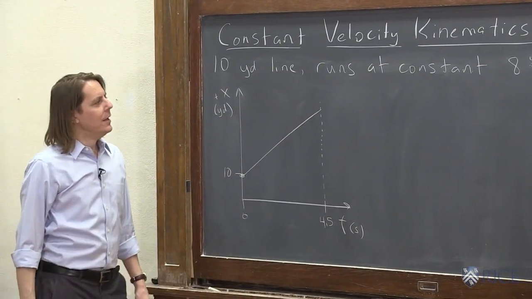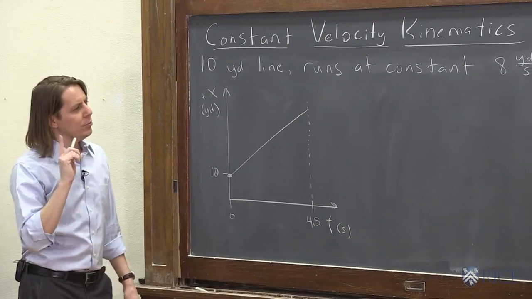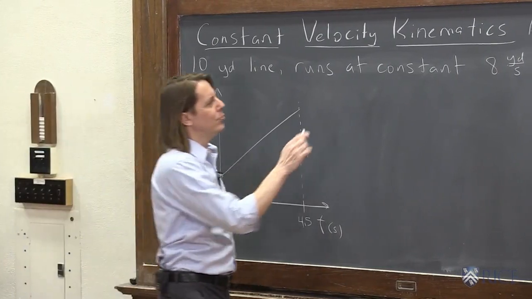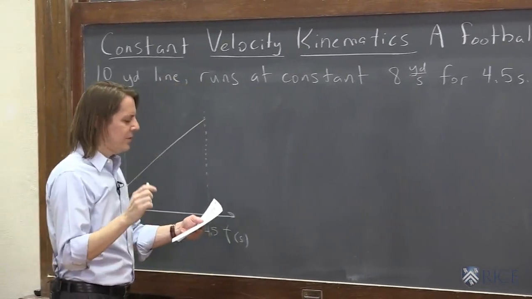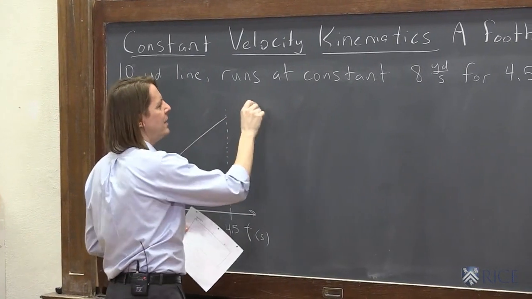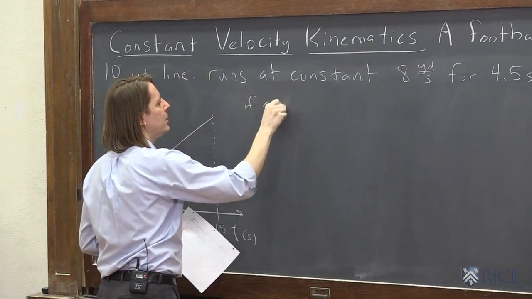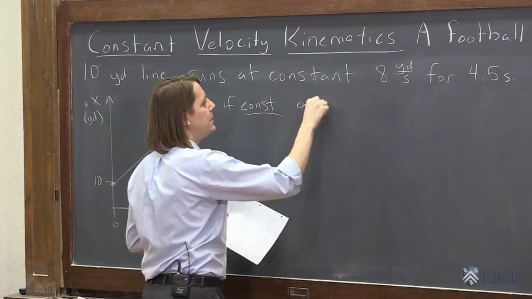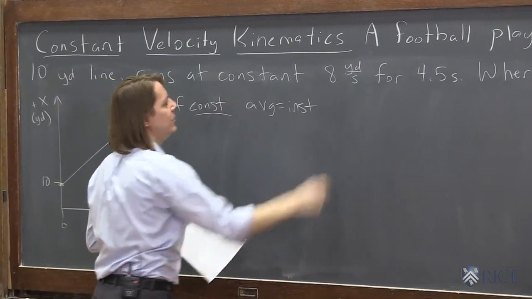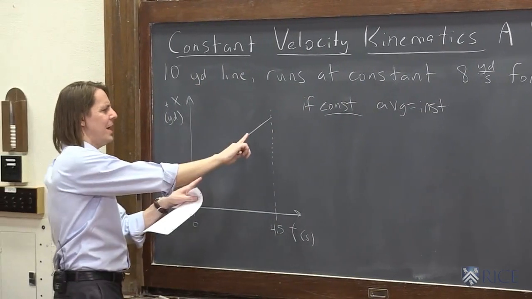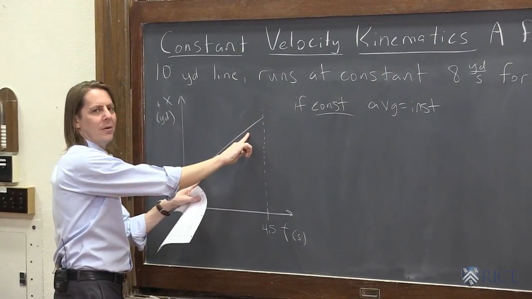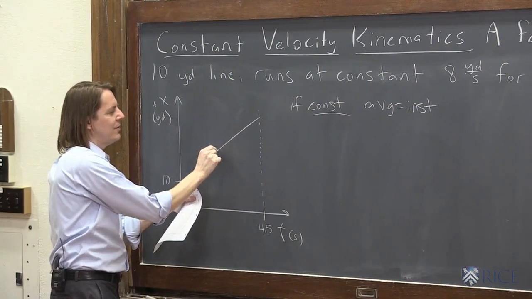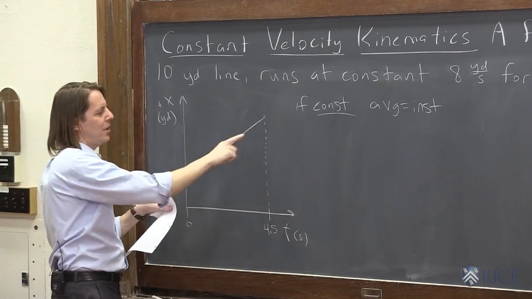All right. So one thing we want to realize, it helps the notation, if we remember that at constant velocity, the average equals the instantaneous. Remember, average is the average velocity if you consider 2 points in time. Instantaneous is if you consider an instant in time. But as long as it's uniform and constant, it doesn't really matter.